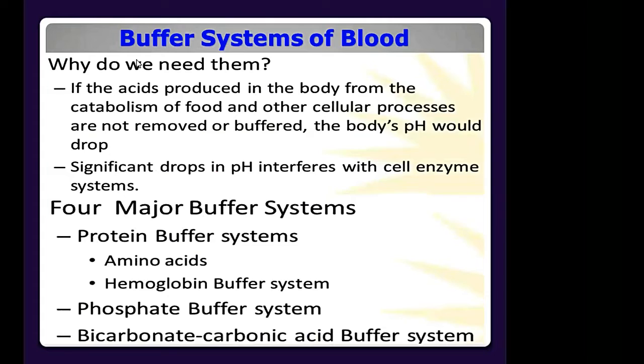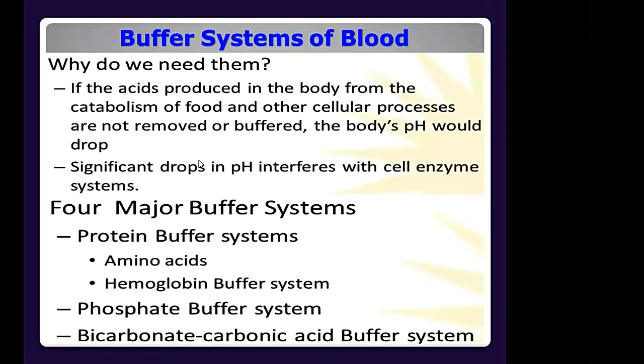Why do we need a buffer system in our blood? What is the importance of a buffer system in the blood? During metabolic reactions, acids are produced in the body from the catabolism of food material and other cellular processes, that is, other biochemical reactions. If these acids are not removed or not buffered, what will happen?